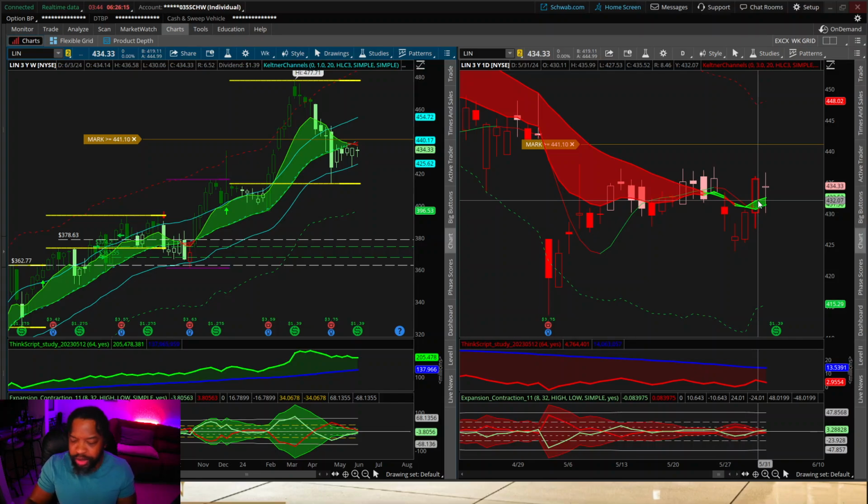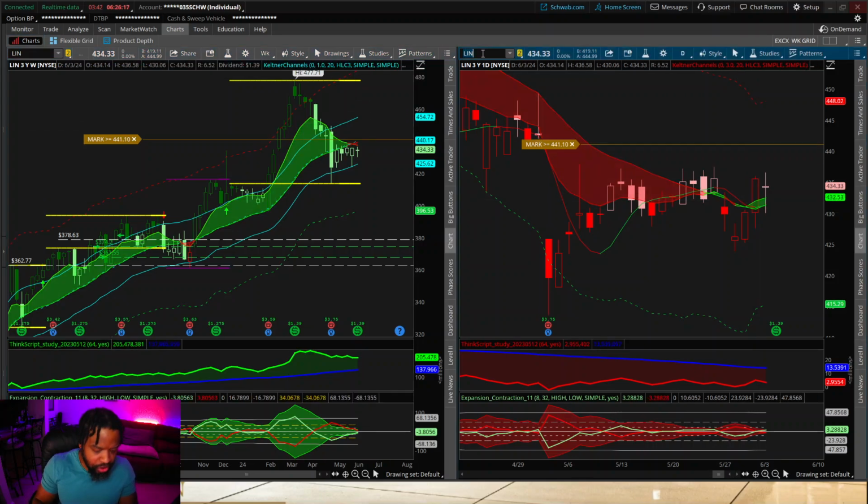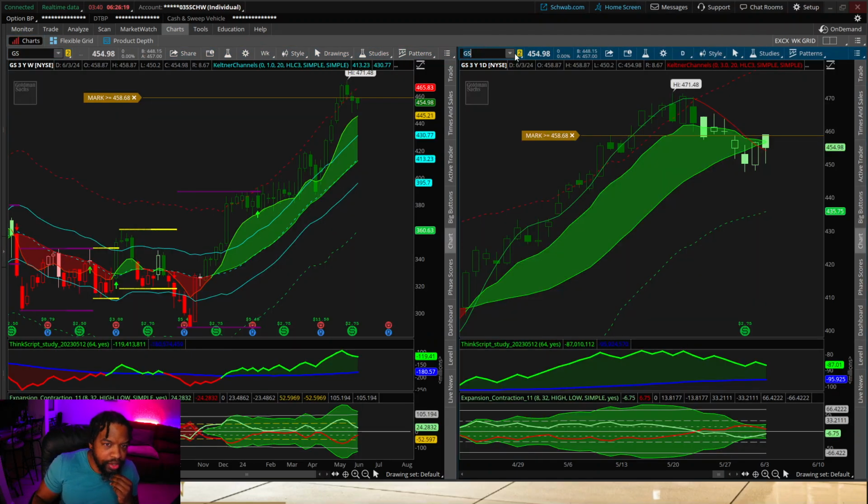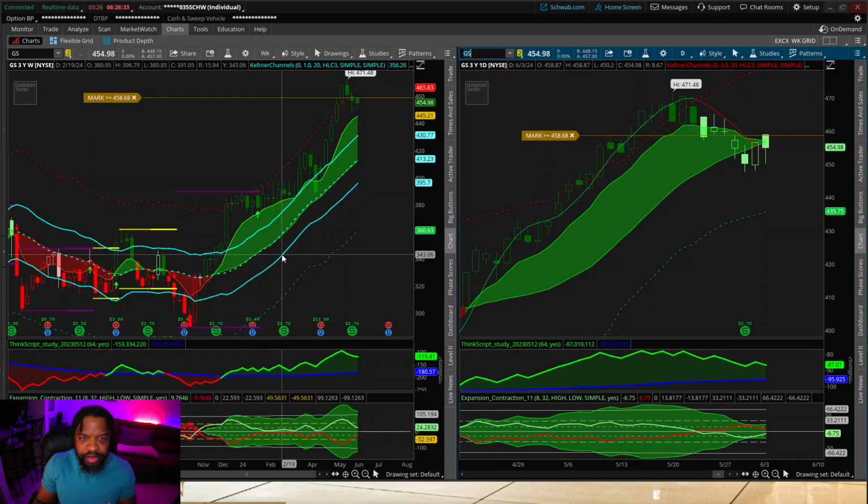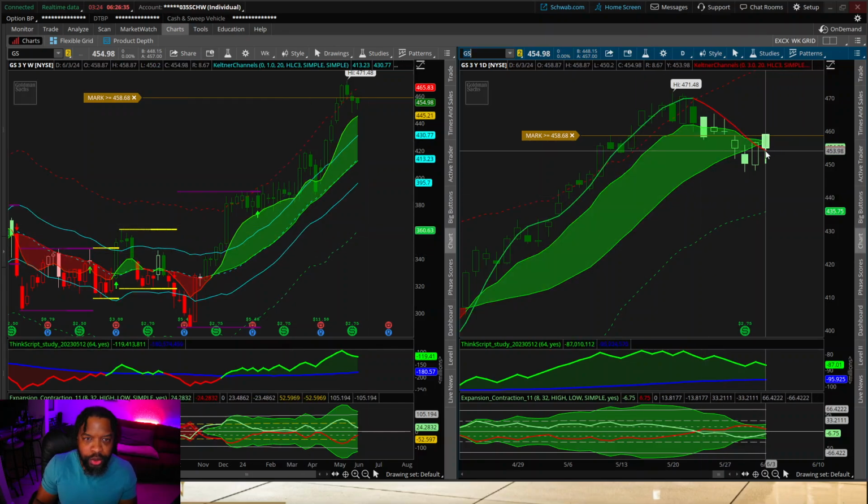GS and PGR. So we're going to take a look at GS real quick. Not too much to really say here. It's pretty much bottom left, top right. It's been increasing in earnings, and it makes sense because if you're a bank, high interest rates mean more money in your pocket. So buy trigger right here on the daily for sure.